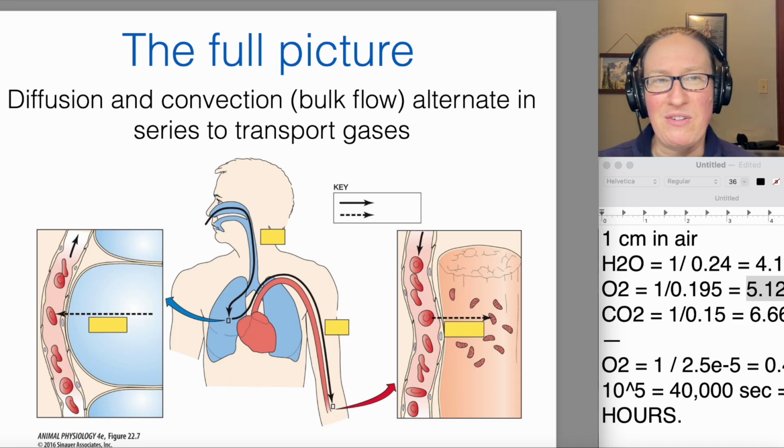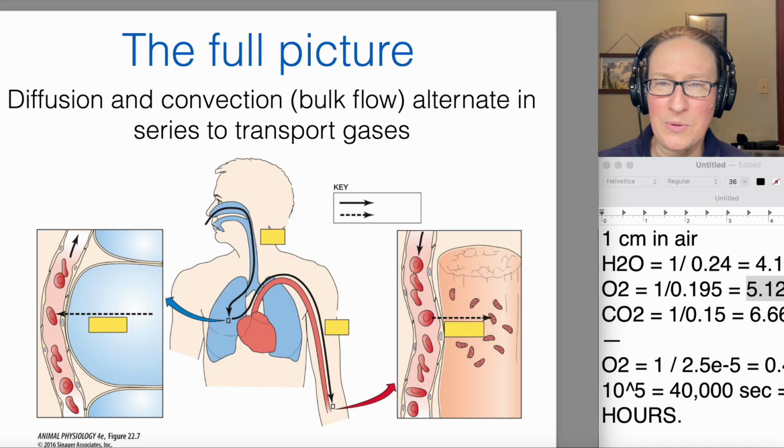And so we finally set the stage for thinking about the full picture for how animals deliver oxygen to their tissues and how they remove carbon dioxide from their tissues and from their mitochondria. The entire picture is animals use a combination of diffusion and convection, or bulk flow, and diffusion and convection alternate in series to transport gases.